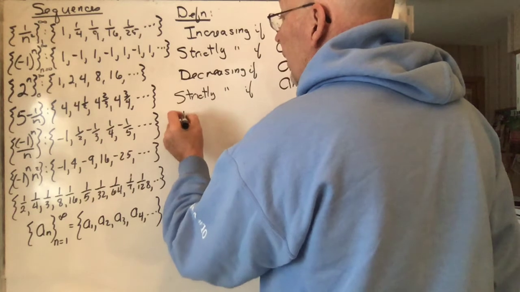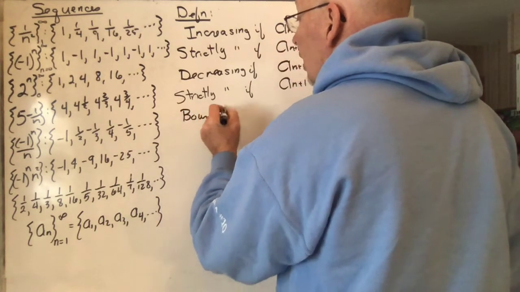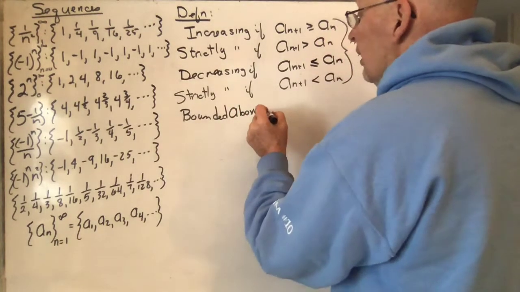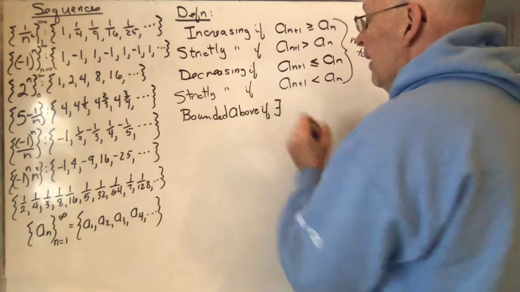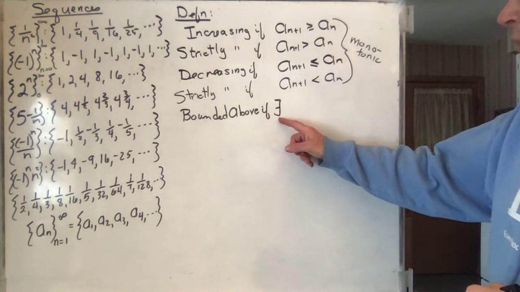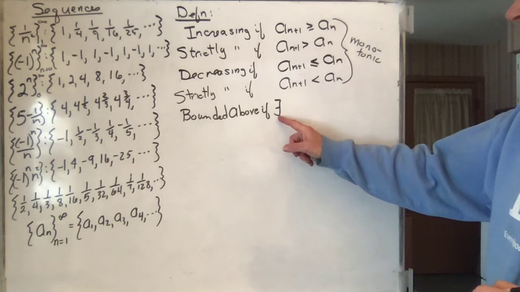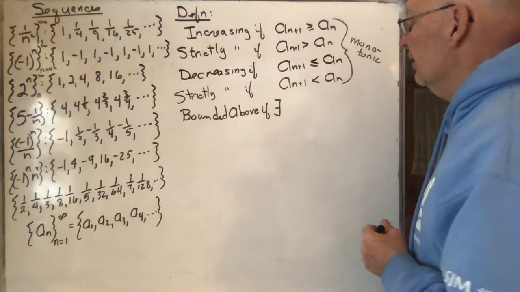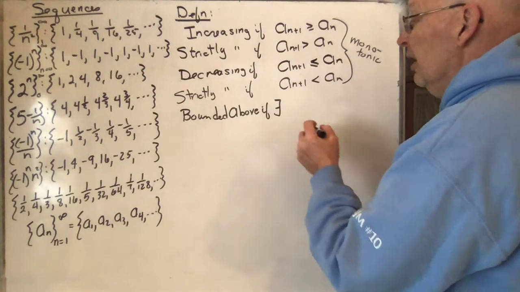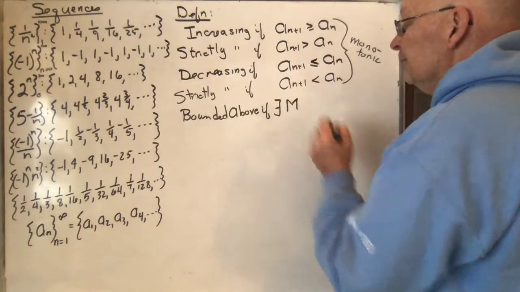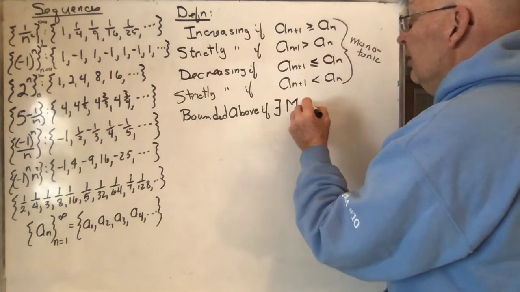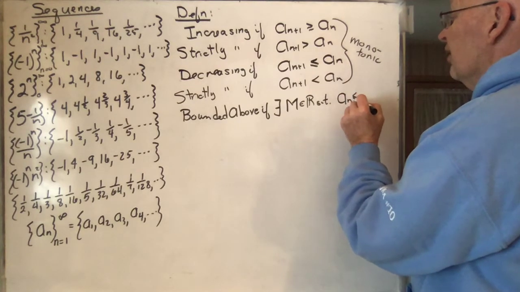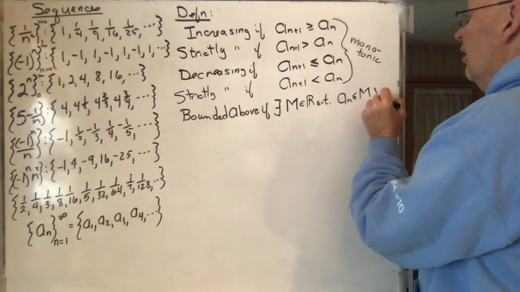A sequence is said to be bounded above if, I'm going to use a mathematical symbol, there exists m, a real number, such that a sub n is less than or equal to m for all n.